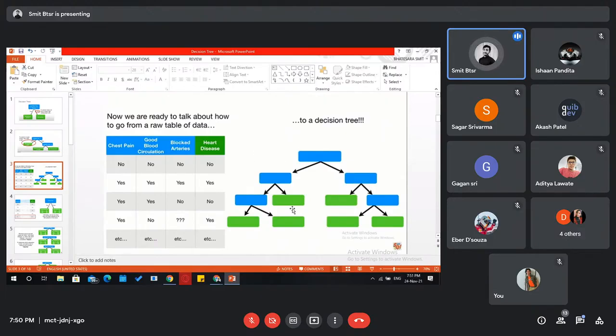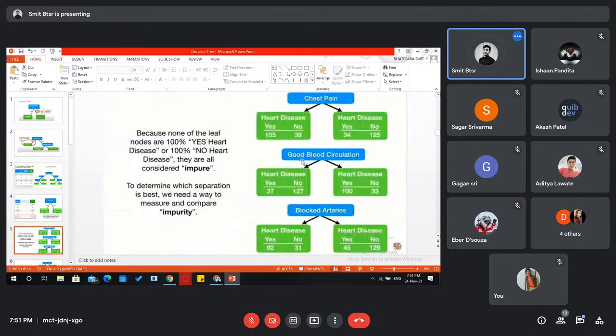So we want to make sure that we are not missing any important information here, okay, in our decision making. We need to make accurate decisions as much as possible. So we need to consider all of these 3, and now we are stuck with which question to ask first.